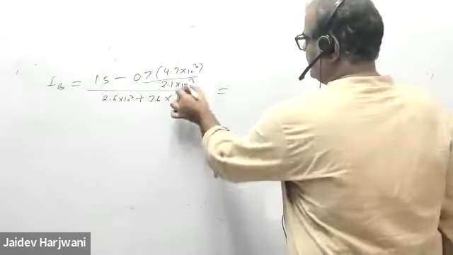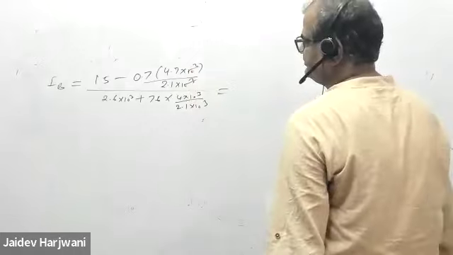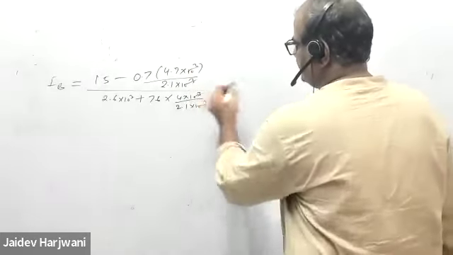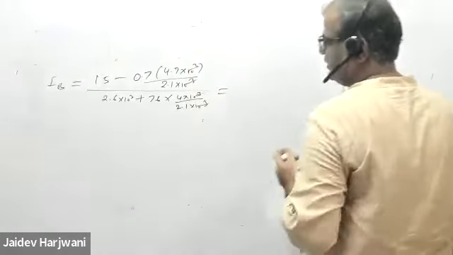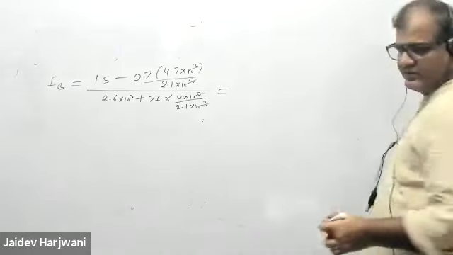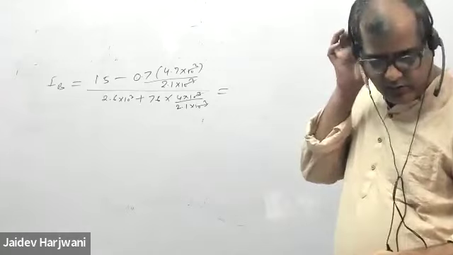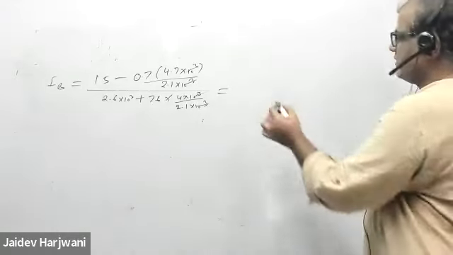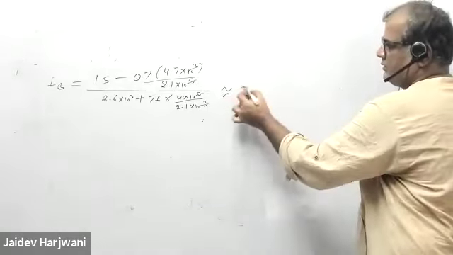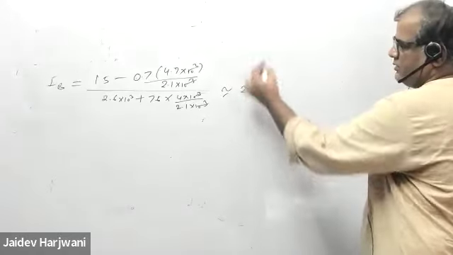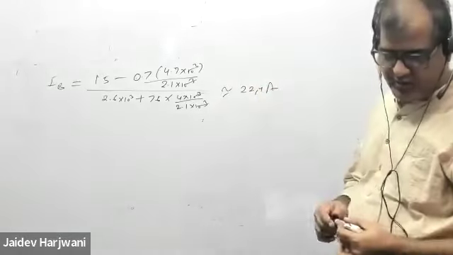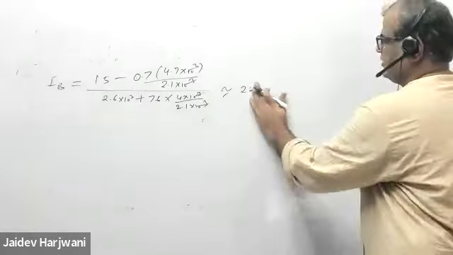So this kilo ohm cancels. And solve this one. Tell me how much is coming. Shalin, how much is coming? So this should come around... Sir, I am getting around 15 microampere. I'm doing it again. Sir, 21.96.